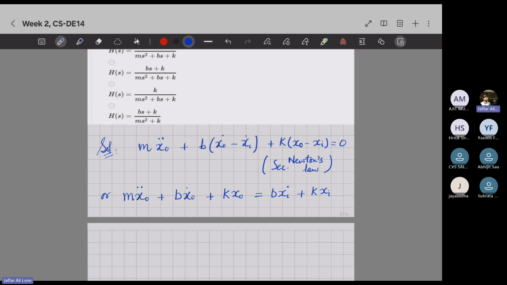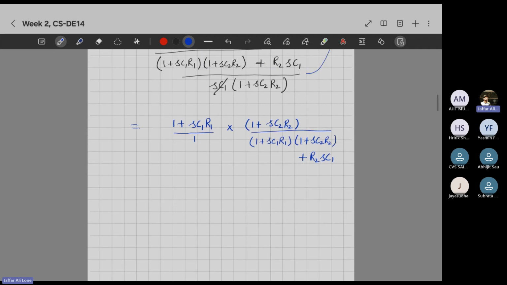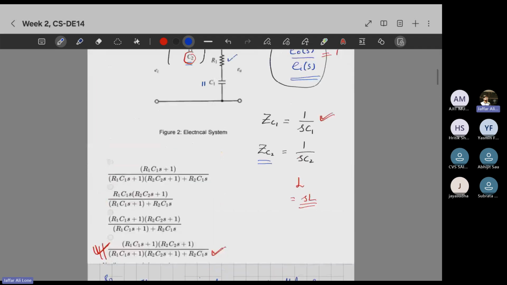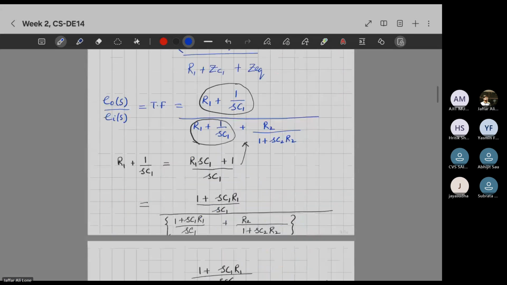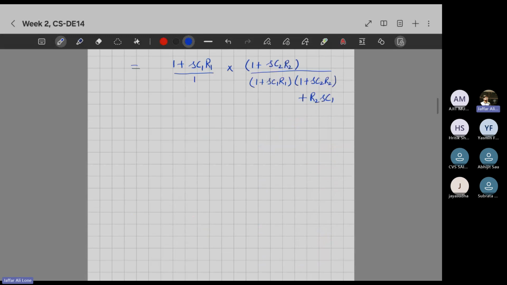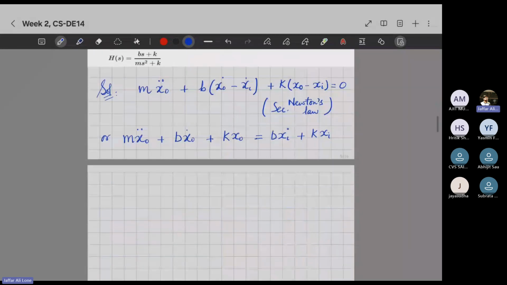Now I will take the Laplace transform again. As I defined earlier, whenever we are saying transfer function, we assume all initial conditions to be 0. So when I take Laplace of dx by dt, I will assume all initial conditions to be 0.